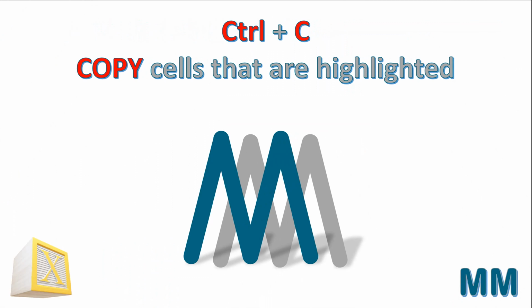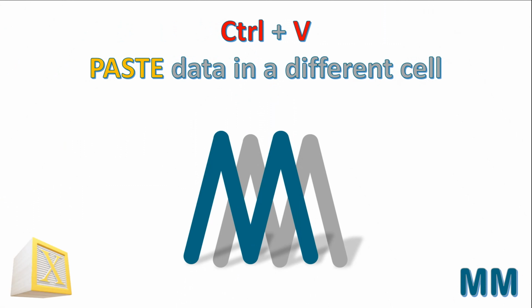The well-known Ctrl C, the C from copy, is, I think, almost generally known, but worth being mentioned here. That will copy the cells that are highlighted. And if we want to place the copy of those cells, we can use Ctrl V, which is also well known.